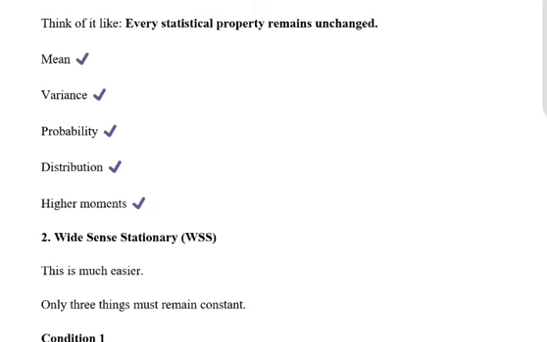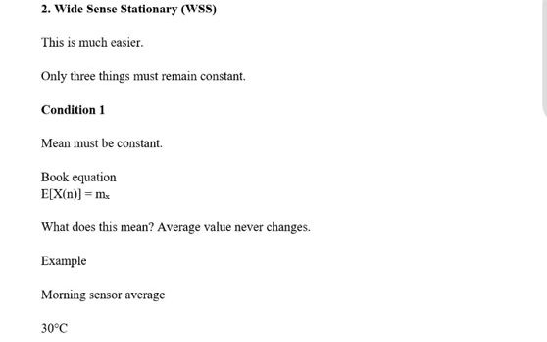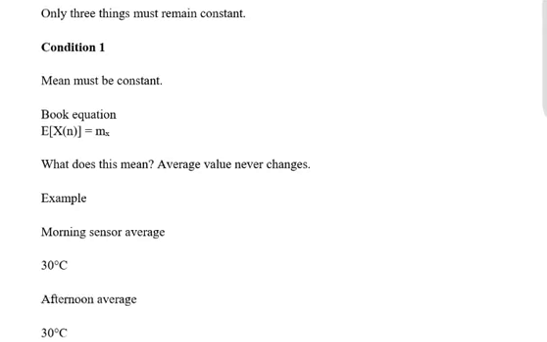But while we are discussing the wide sense stationary process, only three things must remain constant. Okay, first, the mean will remain constant, which we can denote by an equation as expectation of x of n is equal to m of x. Mean is nothing but the average value, so the average value is going to remain constant.